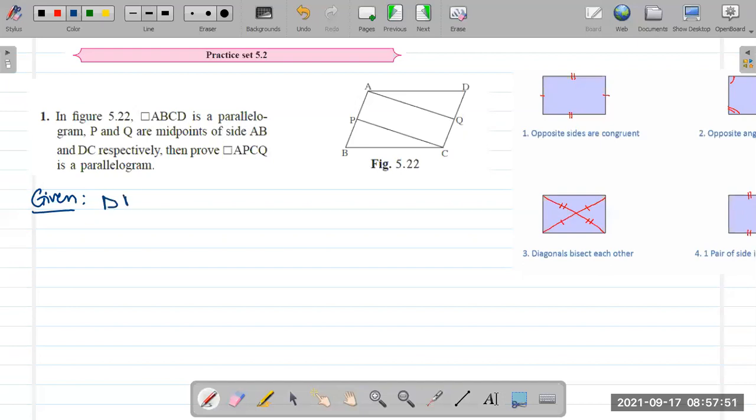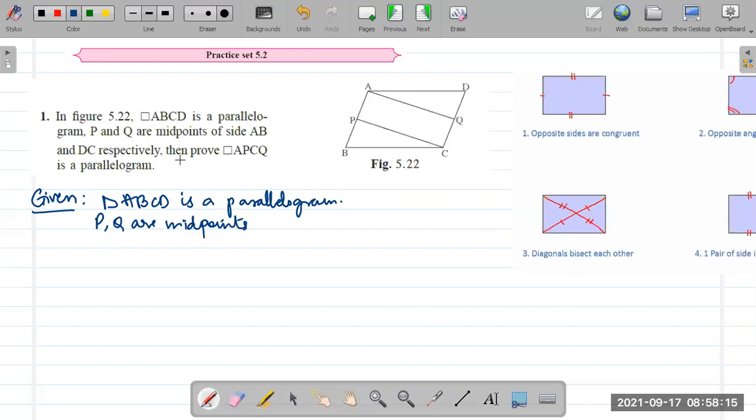So what are we given? Quadrilateral ABCD is a parallelogram. And we are given that P and Q are midpoints of sides AB and DC respectively. No need to mention all that, you can just say that P and Q are midpoints.